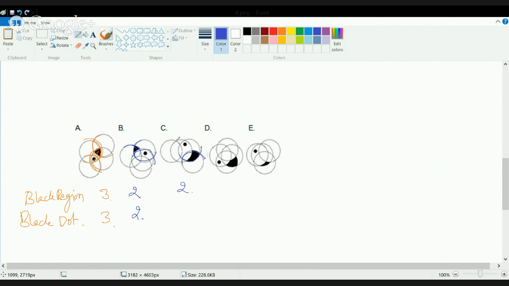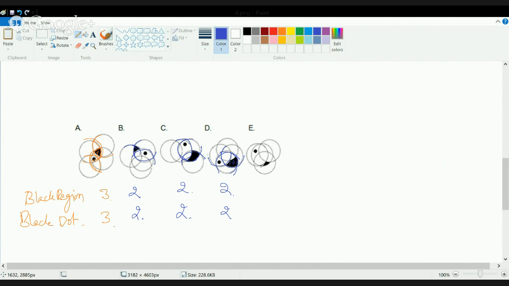So 2, and again the black dot is 1 and 2. So here again 2. Now let's look at this. So you have this and this. So the black dot is 2 and the black region is again 1 and 2. Okay, so this and this. So this is the black region.